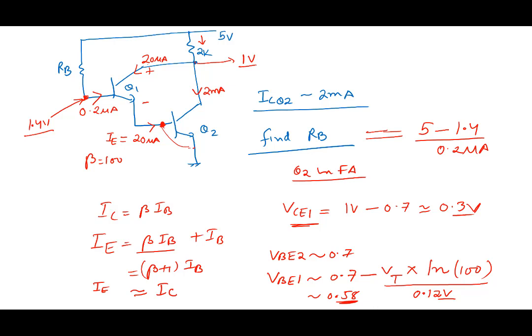Q1 is carrying so much less current. So you may see somebody doing an analysis assuming 0.7 for Q2, but for Q1 assuming 0.6. Why? Because the current is 100 times less, and so they're using a diode voltage which is 0.6 rather than 0.7. Now obviously this would make more sense if this were not 5 volt, but considerably less than 5 volt.